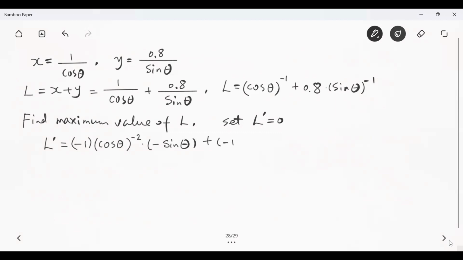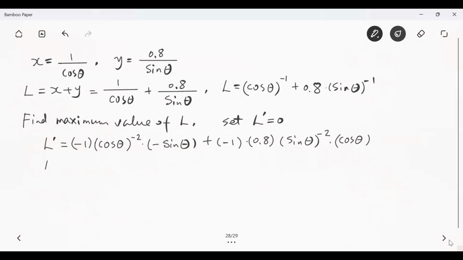And plus, same thing for the second term. Put the -1 in front, times 0.8 also, and sine theta to the -2, right? The inner function is sine theta, so the derivative is cosine theta, right? Just like that.